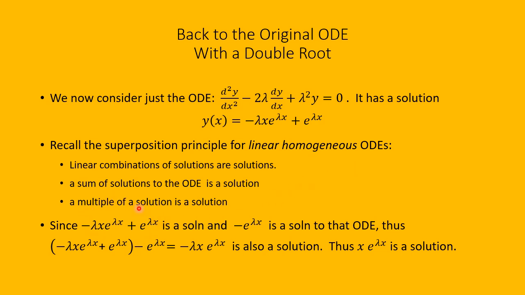Well, since we know that minus lambda x e to the lambda x plus e to the lambda x is a solution to this equation, and we also know that minus e to the lambda x is a solution, if we add those two together, we get that minus lambda x e to the lambda x is also a solution. And if we divide this by the constant minus lambda, which is the same as multiplying by a constant, we see that x e to the lambda x is also a solution.